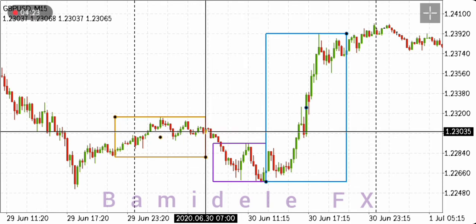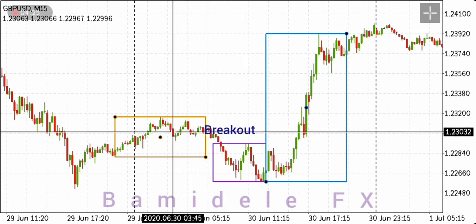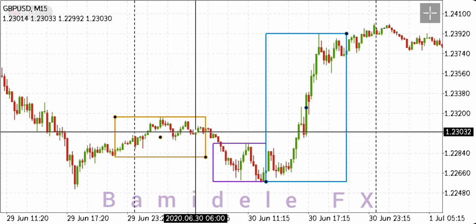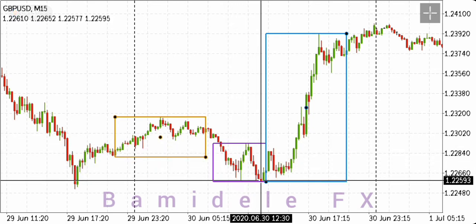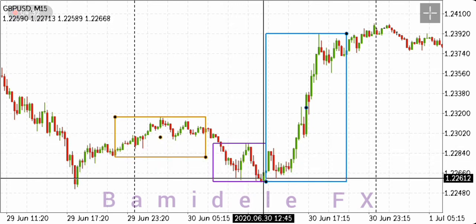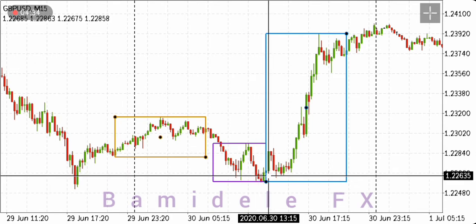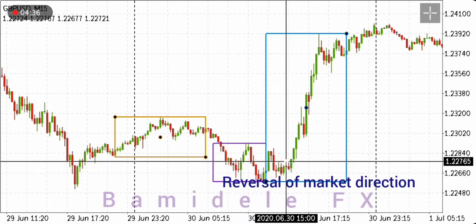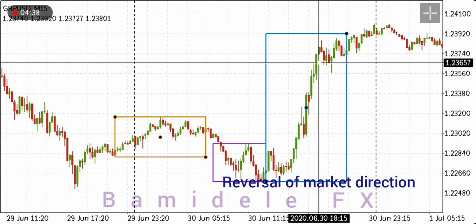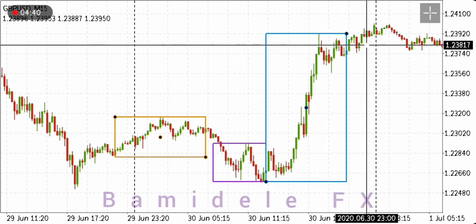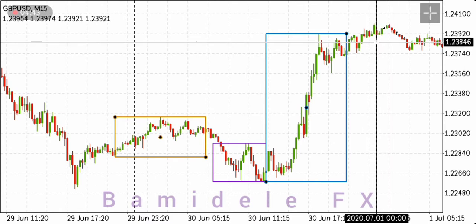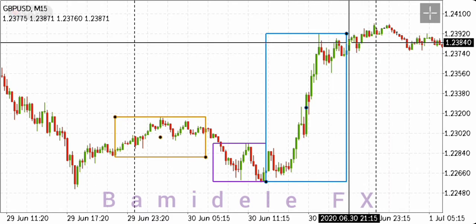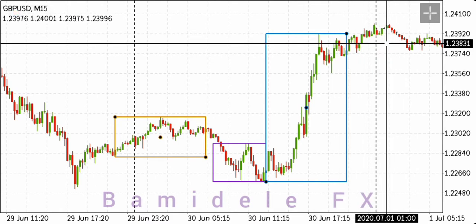London session breakout. It broke out from this range, it broke out down. Then at the beginning of the New York session, boom, a reversal, it pulled up, and ended the day with a consolidation again, another Asian session, and so on and so forth. It's a cycle over and over again.